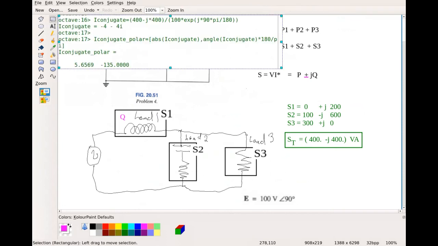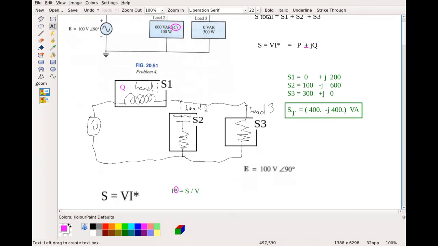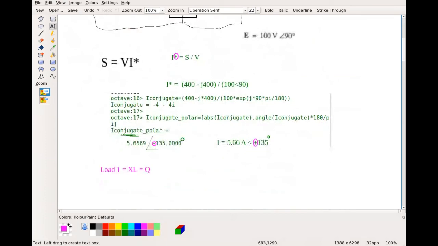Okay, the Q portion of this is the 200 VARs.